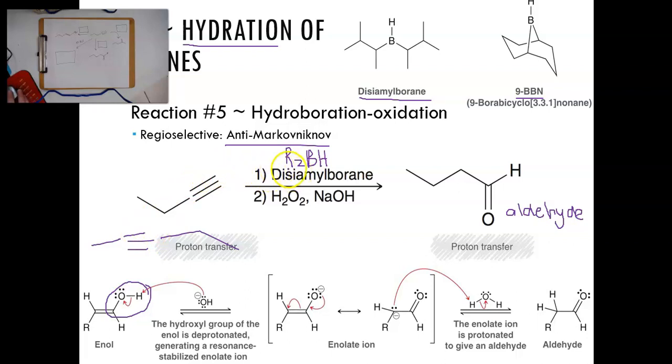So with our alkenes, we used BH3. With our alkynes, we're using a boron that has one hydrogen and two carbons attached to it. It actually makes it less reactive, and we do this so that it doesn't react a second time when it has that pi bond still in place.